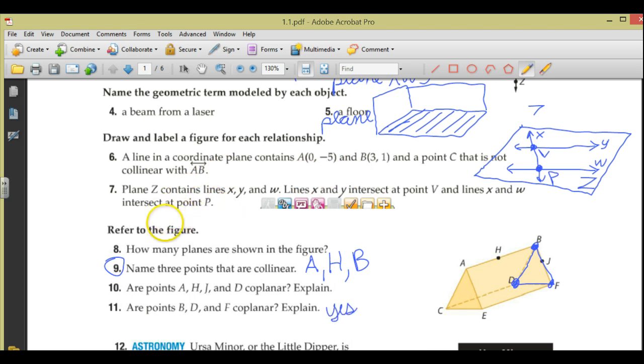They are coplanar, since all 3 points lie on the same plane.